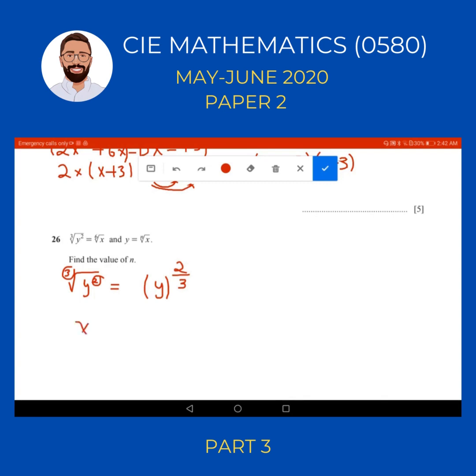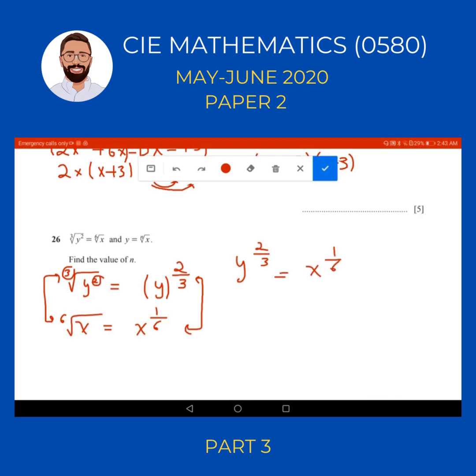And the 6th root of x is the same as x to the power of 1 over 6. Now, since this is equal to this, I can equate them: y to the power of 2 over 3 is the same as x to the power of 1 over 6.